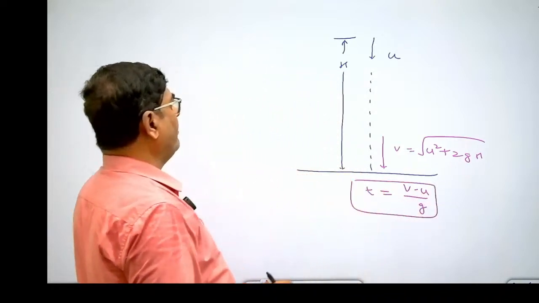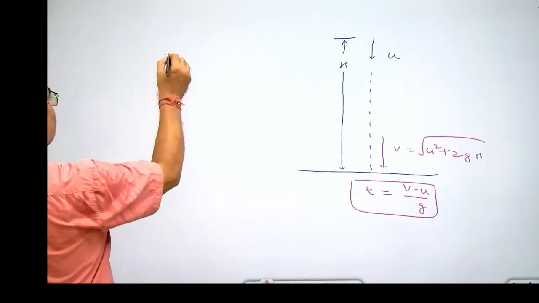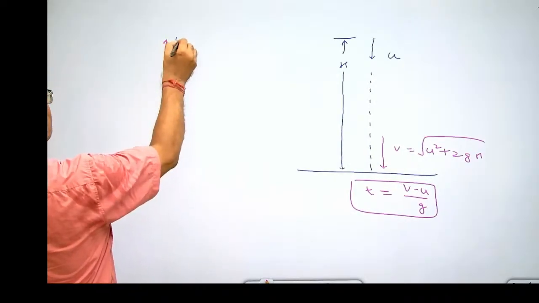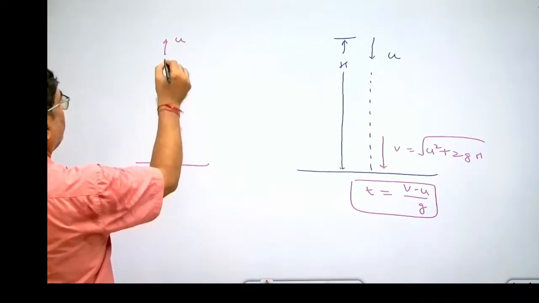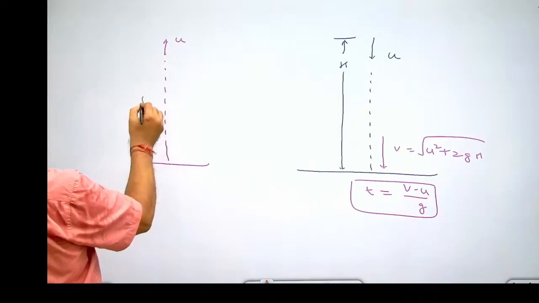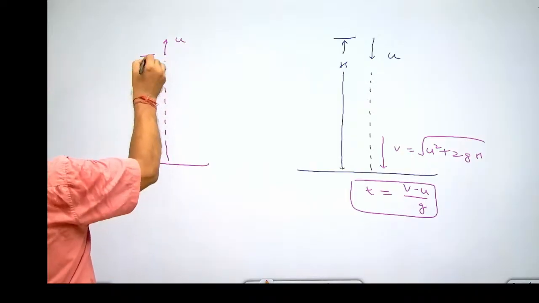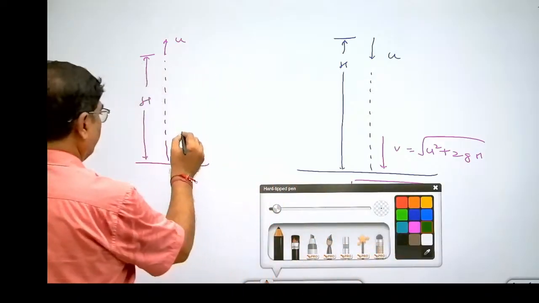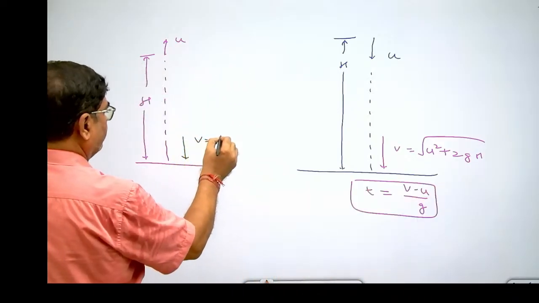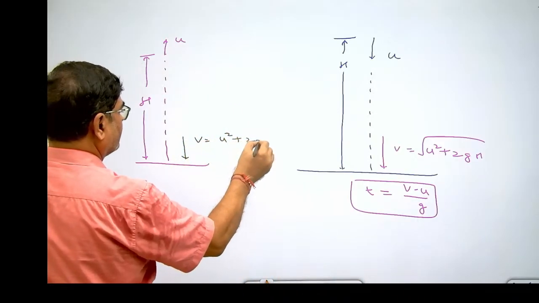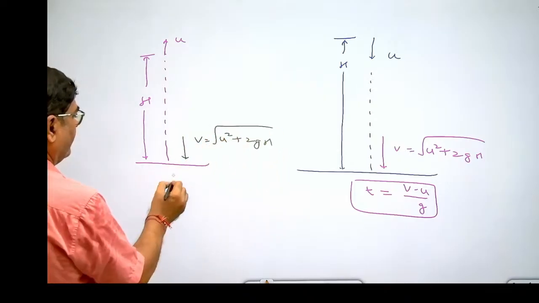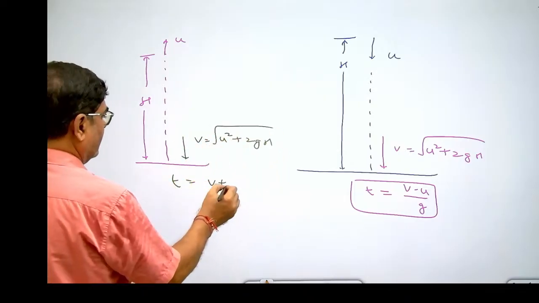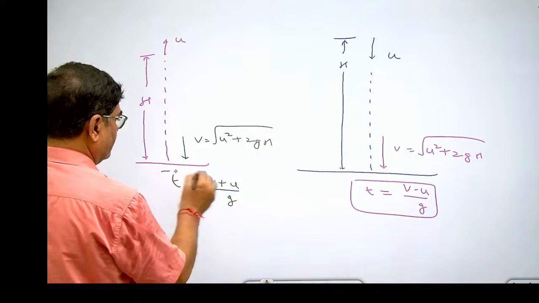Now I am telling you the short trick for when a particle is thrown vertically upward from height h. Dear student, if v is the velocity just before hitting the ground, this will again be the same, under root u square plus 2gh. Now here the time will be v plus u upon g.